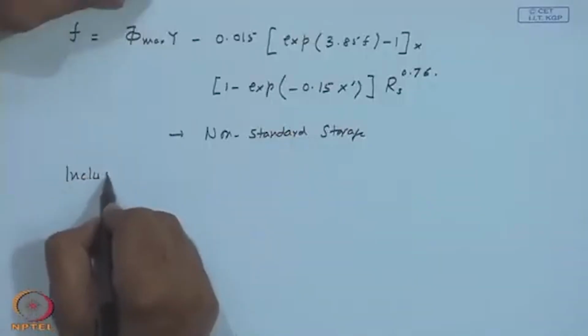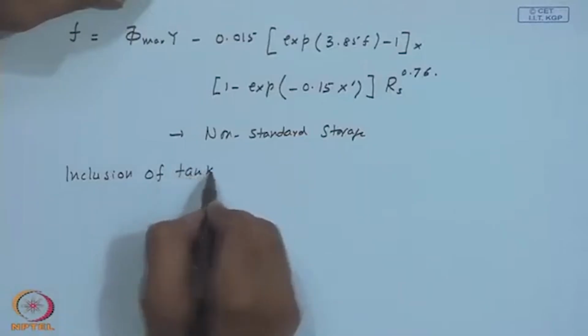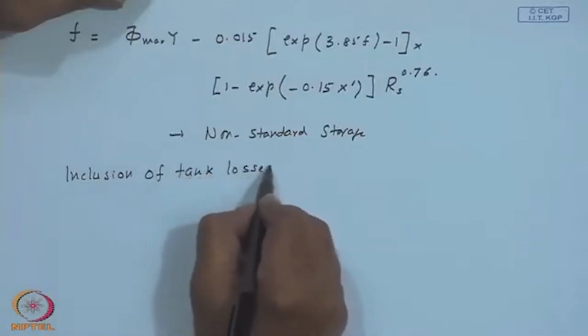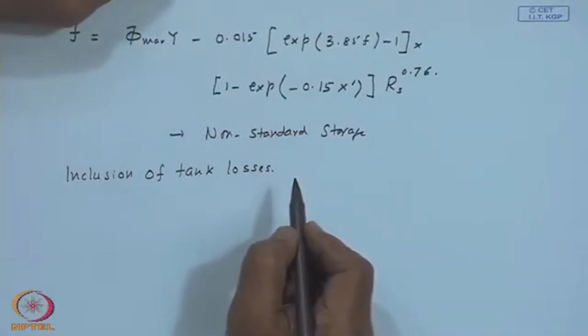So, now how do we include the tank losses? If the tank is at an average temperature of T t, it will be losing heat at a particular rate depending upon the overall loss coefficient of the tank multiplied by the surface area of the tank times the temperature difference of the T tank minus the surrounding T a dashed. Initially, we do not know what is the tank temperature.